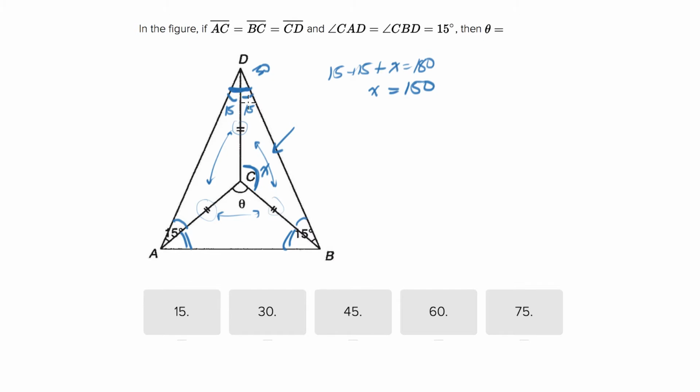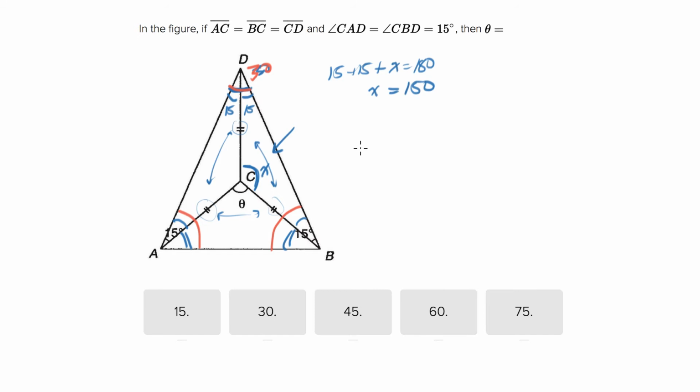If that's 30 and the whole big triangle is isosceles, right? Then I can calculate. That's too confusing. Let me switch colors. If the whole big triangle is isosceles, then I can calculate the measure of these corner angles because I know that the top is 30.